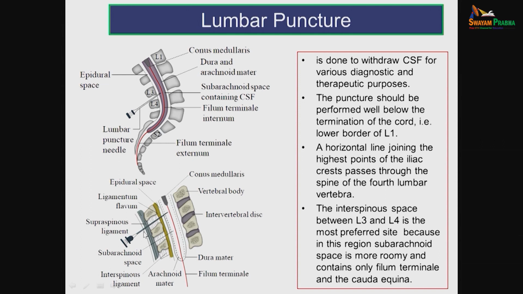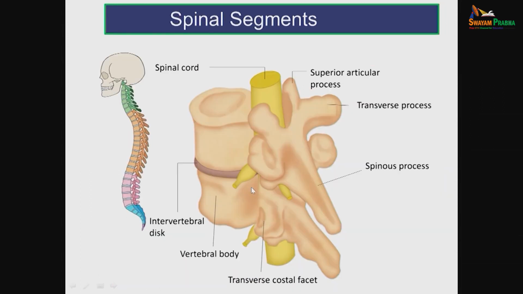You will be piercing the skin, fascia, then the supraspinous ligament, interspinous ligament, ligamentum flavum, then your dura, arachnoid, and you will be entering the subarachnoid space. So, the interspinous space between L3 and L4 is the most preferred site. You can directly insert the needle, go to the subarachnoid space and withdraw cerebrospinal fluid for diagnostic and also for therapeutic purposes. So, this completes the coverings of the cord.